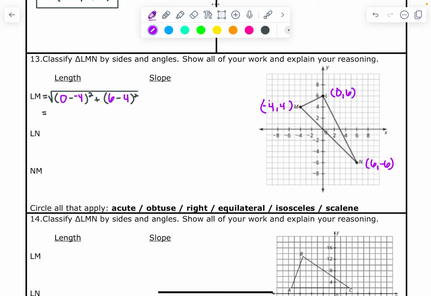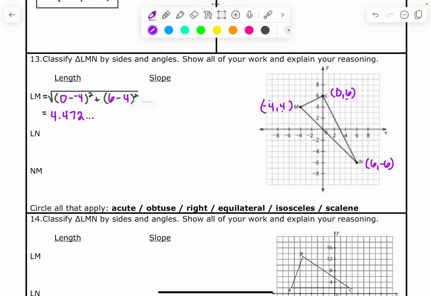Just double checking. So it's the square root of 4 squared plus 2 squared, and that will be 4.472, etc.